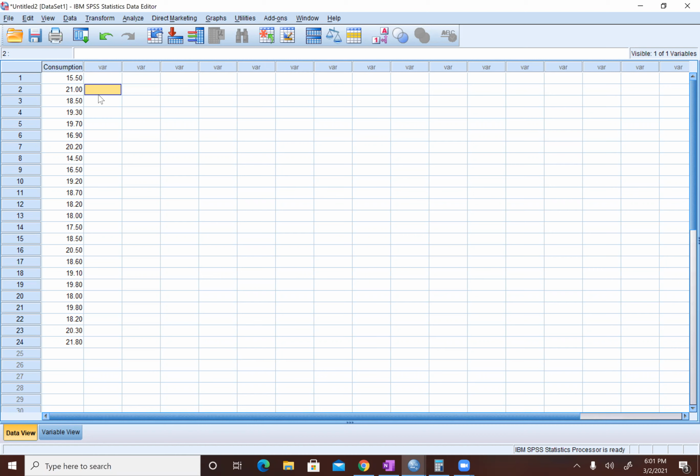But right now, let's just assume that the population consumption is normally distributed and you don't know anything else. So you picked a sample of size 24, and these are the consumptions of those 24 trucks, fuel consumption per gallon. I mean, you can say that this is the miles covered per gallon for these trucks. So you want to, again, estimate a confidence interval.